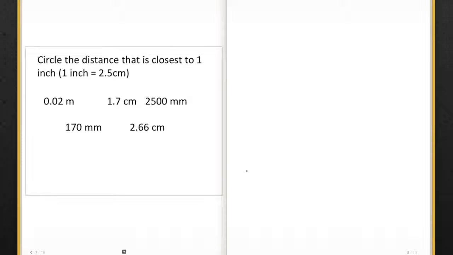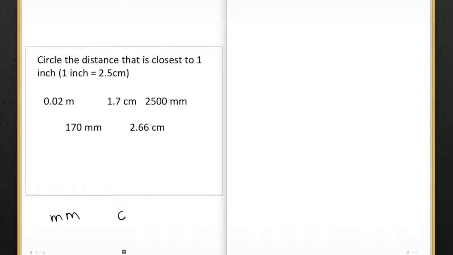Next question. Circle the distance that is closest to 1 inch, and it tells us that 1 inch is 2.5 centimetres. Now, here we've got metres, centimetres and millimetres. So let's write them out. Millimetres are the smallest, aren't they?